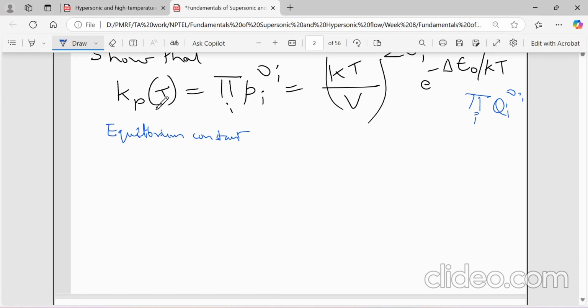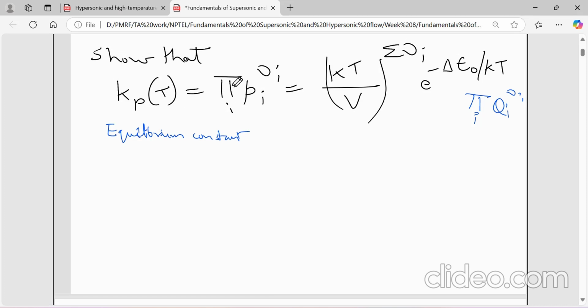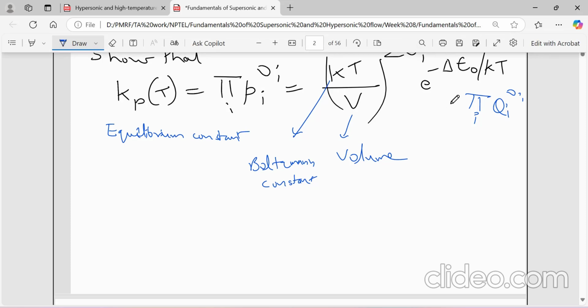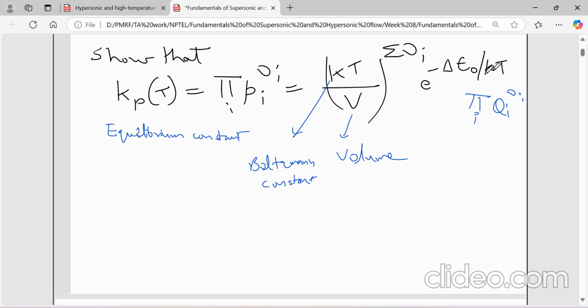So equilibrium constant Kp is given by product of Pi to the power nu i, where nu i is the stoichiometric coefficient of a reaction, equal to kT upon V, V here is volume, k is Boltzmann constant, to the power sigma nu i, e to the power minus delta epsilon naught upon kT.